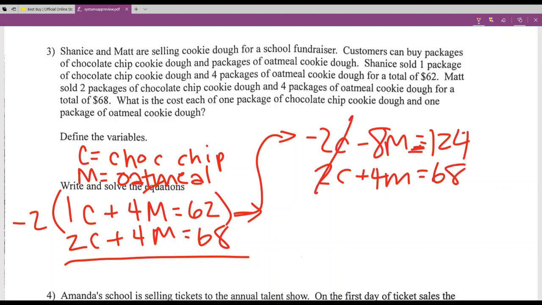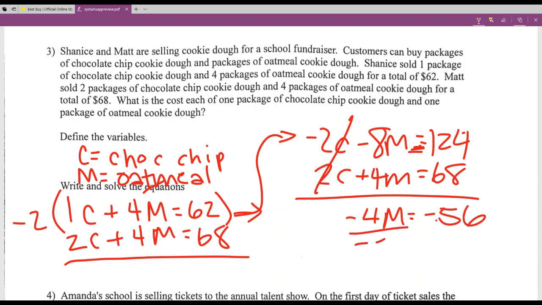All right, those cancel out. We get -4m equals -124 plus 68, which is -56, divided by -4. We get the number of oatmeals is 14.